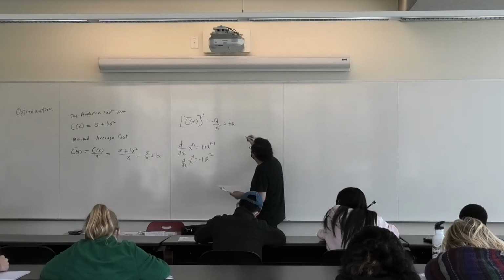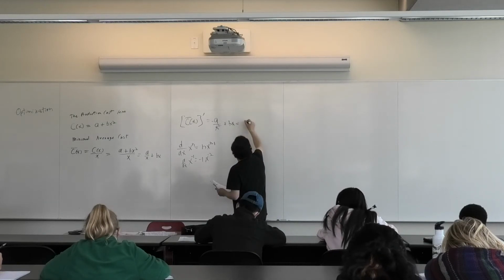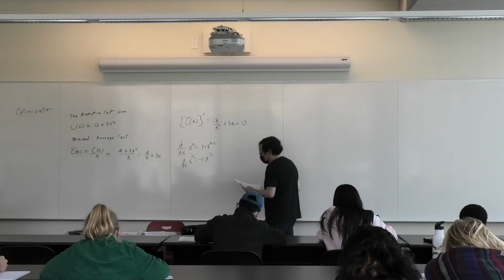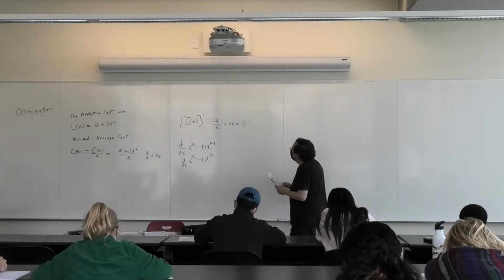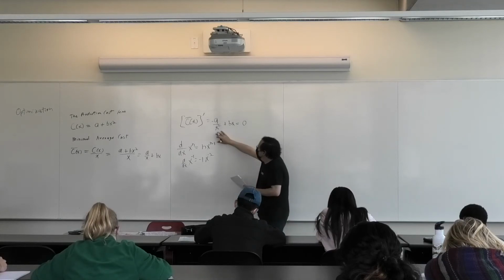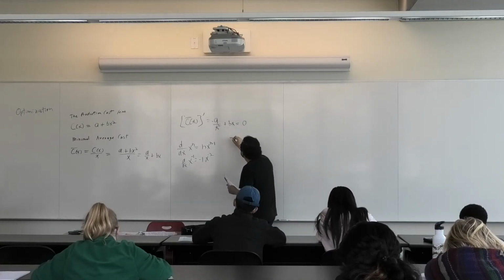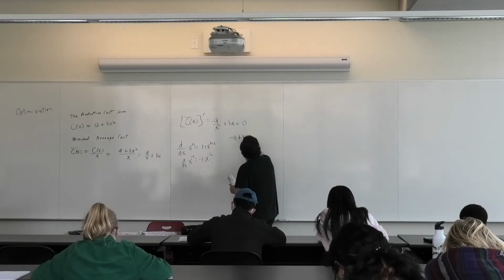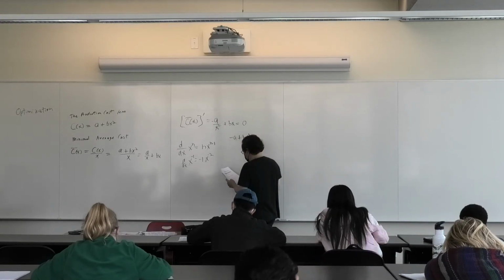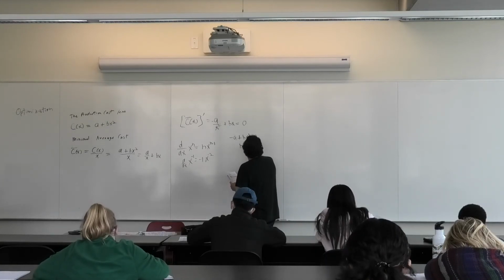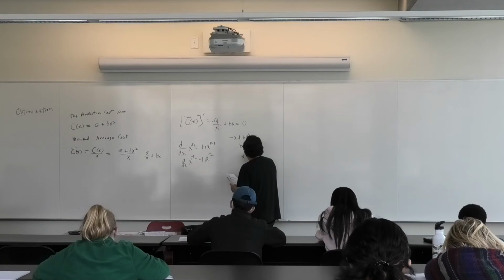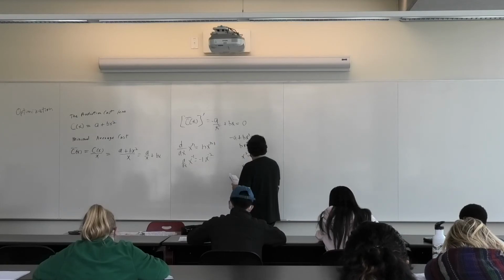And of course, to find the critical points, we want to set that to 0. Multiplying through by x squared, we get minus a plus bx cubed equals 0, or bx cubed equals a, x cubed equals a over b, or x equals the cubed root of a over b.